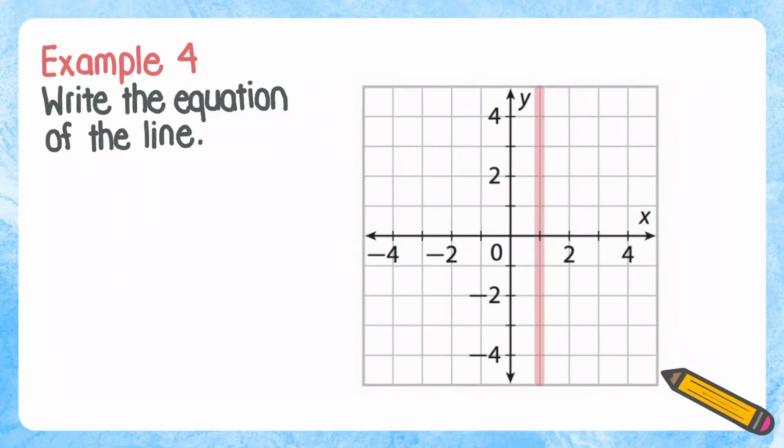What if we're given the graph, but we have to find the equation? What do we do here? Notice that the vertical line crosses the x-axis when x equals 1. So this is the equation of the vertical line, simply x equals 1.